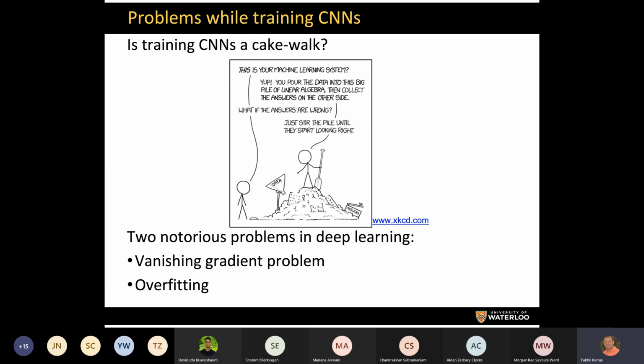What does vanishing gradient mean? When we go from one layer to the next layer to the third layer, we feed the neural network in the feed forward direction. Then when we go back, as soon as we start going back to the first layer, the second layer, the gradient becomes smaller and smaller.